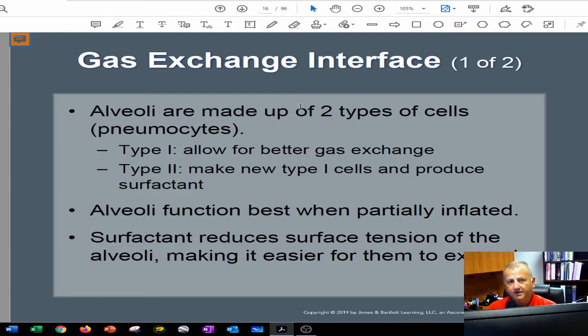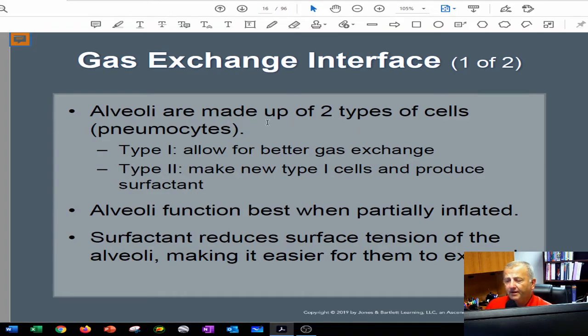If these get damaged or wiped out due to an injury, due to smoking, etc., these are not going to replenish. They're not going to regenerate. Type 2 can grow into a type 1 alveoli, but again, if they get to the point where they're damaged beyond return, they won't regenerate.